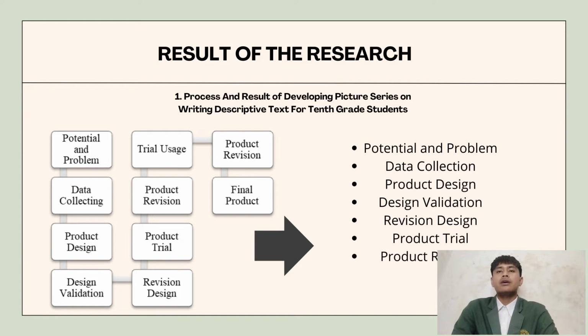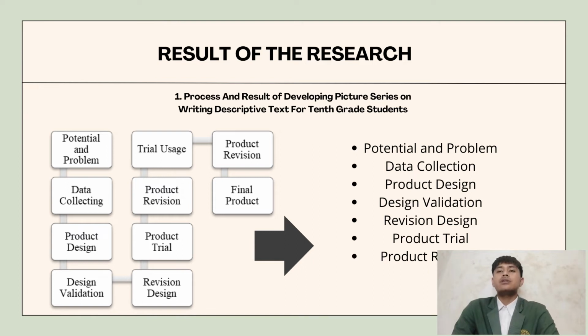And the second, data collection. Following the demonstration of the potential and problem, it is necessary to gather data that might be used as material for the planning of particular products that are expected to address this problem.